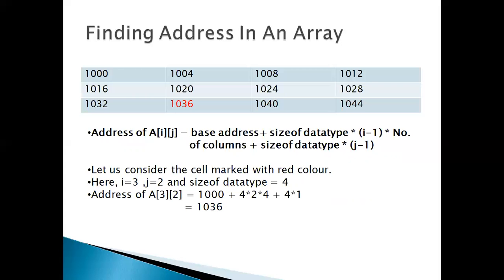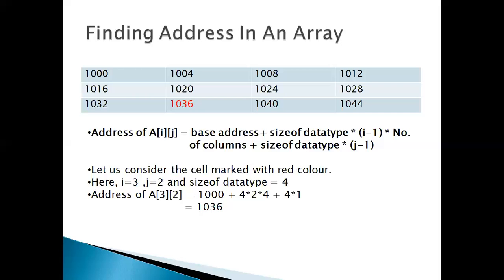So address of A32 is equal to base address, that is 1000, plus size of data type, that is 4, into i minus 1. Since i is 3, i minus 1 will be 2, into number of columns. The number of columns here is 4, plus again size of data type, which is 4, into j minus 1. j is 2, so j minus 1 will be 1. So 1000 plus 4 into 2 into 4 plus 4 into 1, which is equal to 1036.